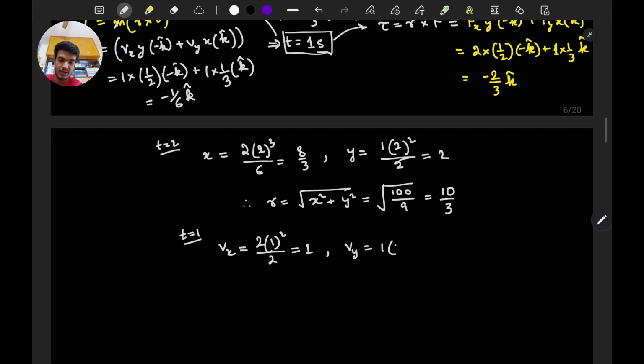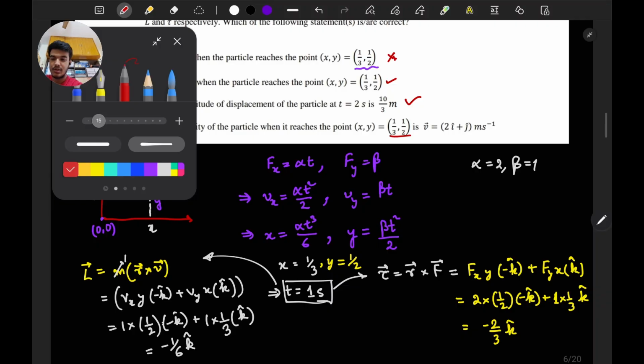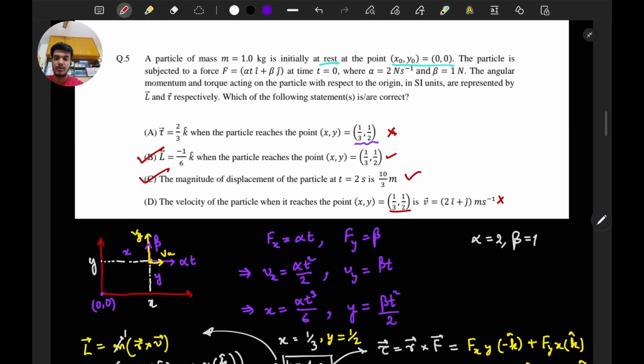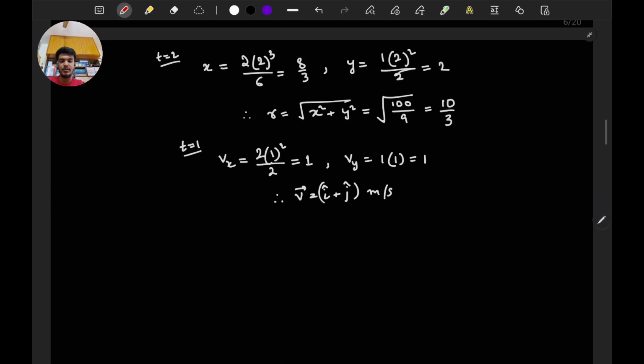Beta is already 1 and time is 1, so 1. Therefore your velocity vector is i cap plus j cap meter per second, and not what was given in the option, which is 2 i cap plus j cap. So this is also wrong. So the correct options are B and C for this question. Question 5, the correct answers are B and C. This is the solution.